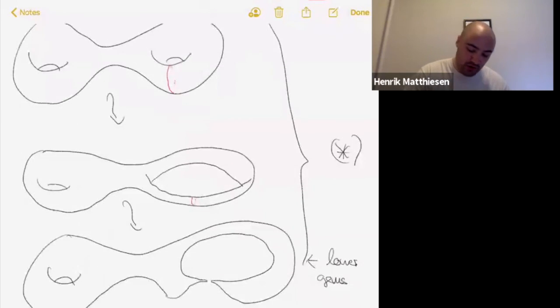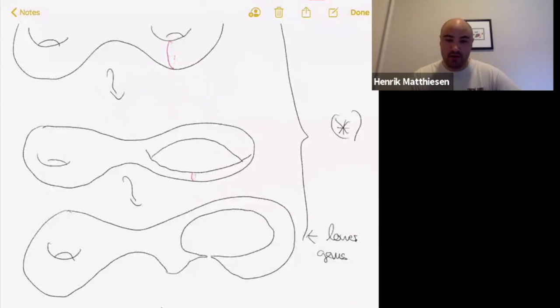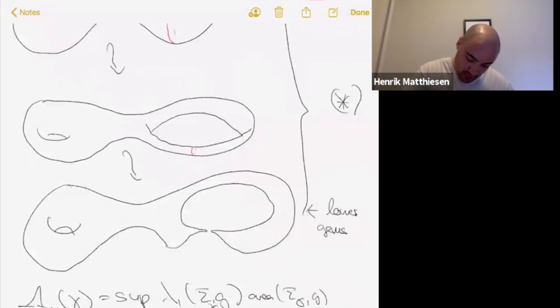So in the limit, you should on the one hand get this quantity. On the other hand, you degenerate into something of genus below. So you should have this. So now you have to prove that this is impossible.